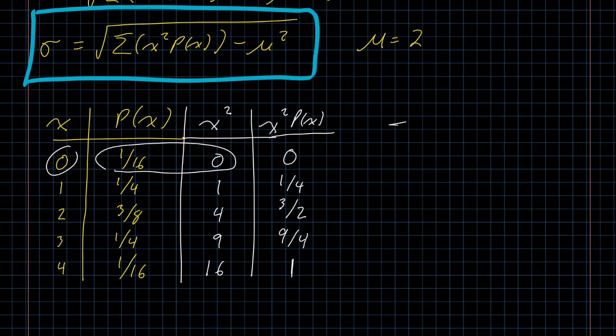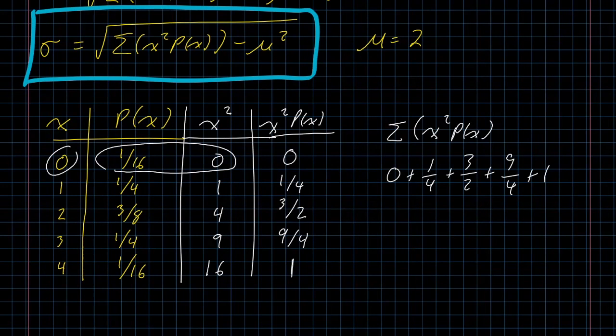All right, now I need the sum of x squared p of x, which means just add all of these things together. 0 plus 1/4 plus 3/2 plus 9/4 plus 1. I guess I can find a common denominator of 4.